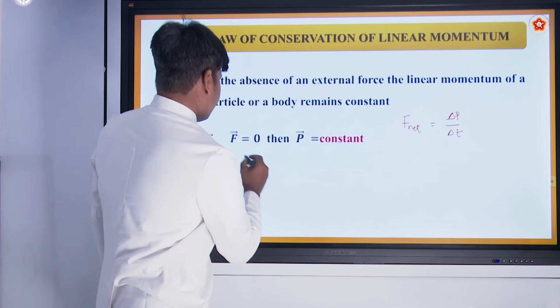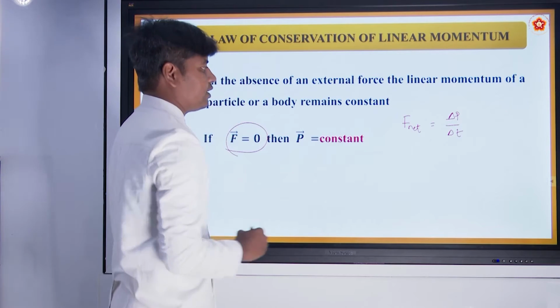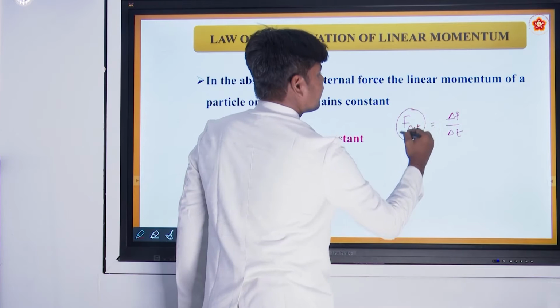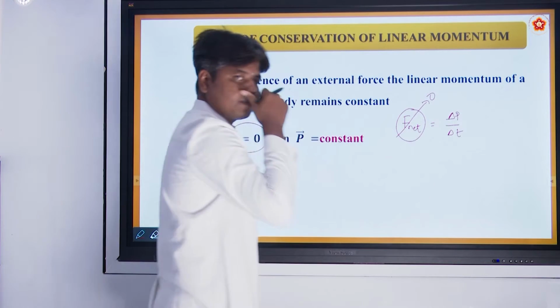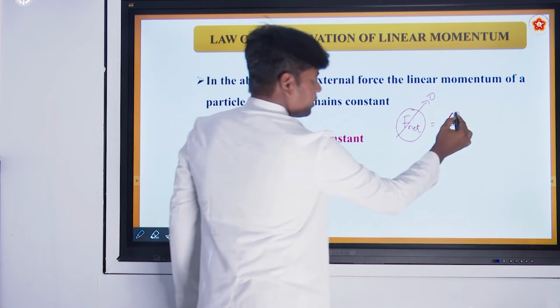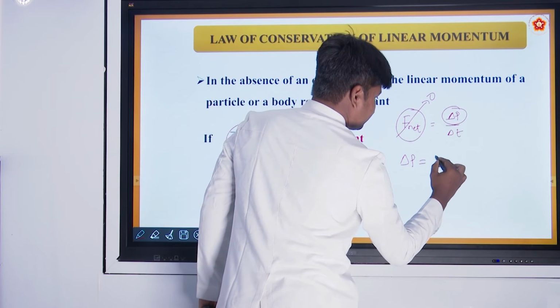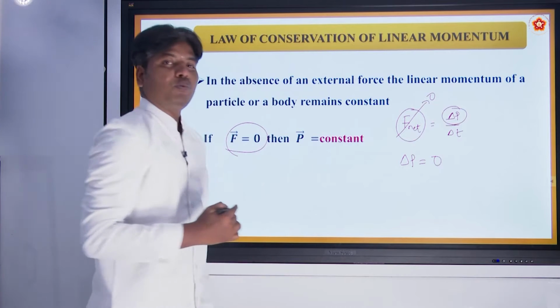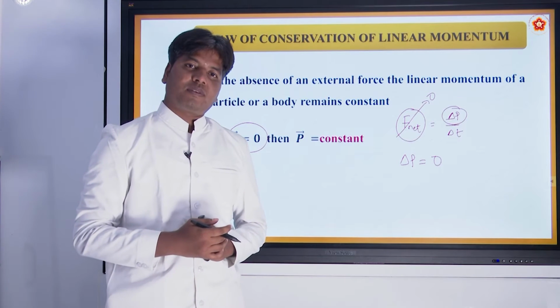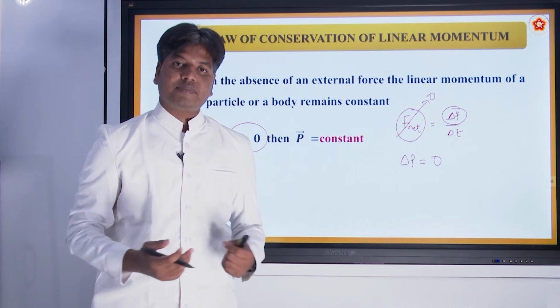Now we are saying this external force is 0, that means this quantity is becoming 0. That means delta p is equal to 0. What do you mean by delta p? Delta p is the change in momentum.